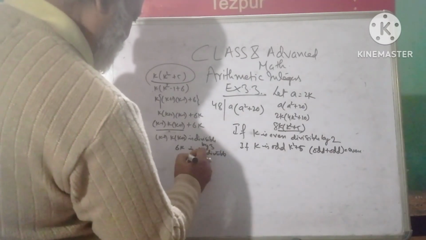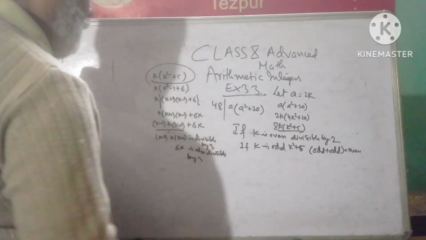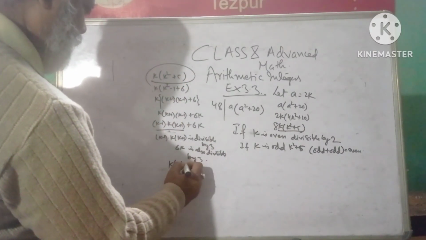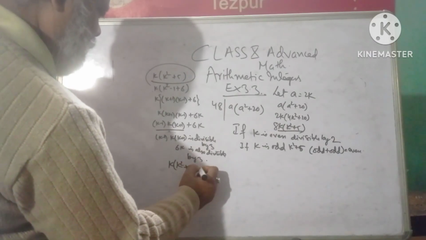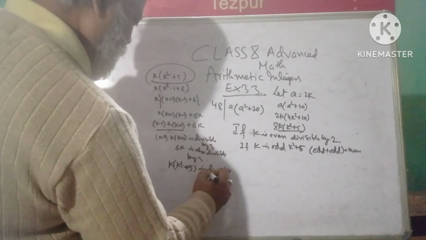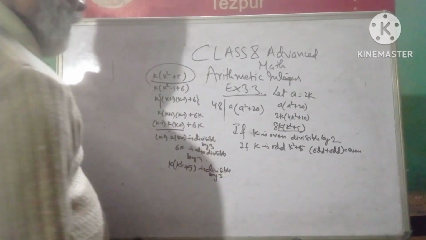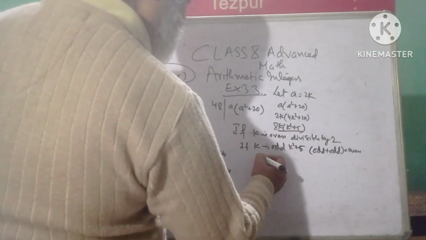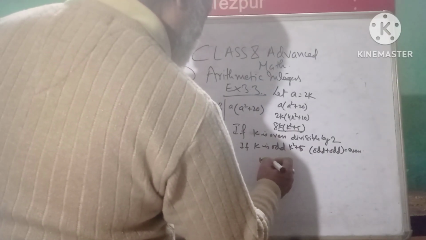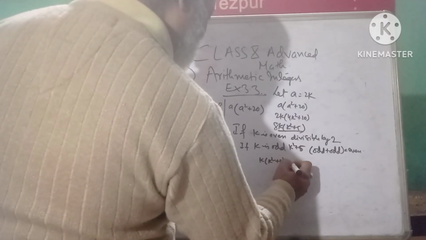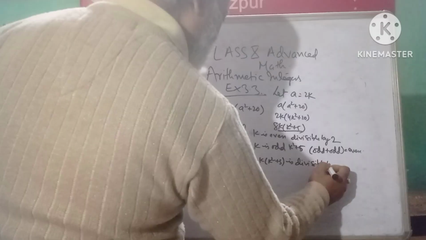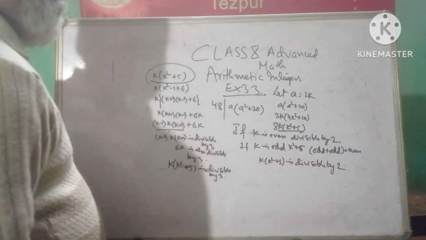So what conclusion we got? That is k square plus 5 is divisible by 3. And what conclusion we got here? We got here that k square plus 5 is divisible by 2.